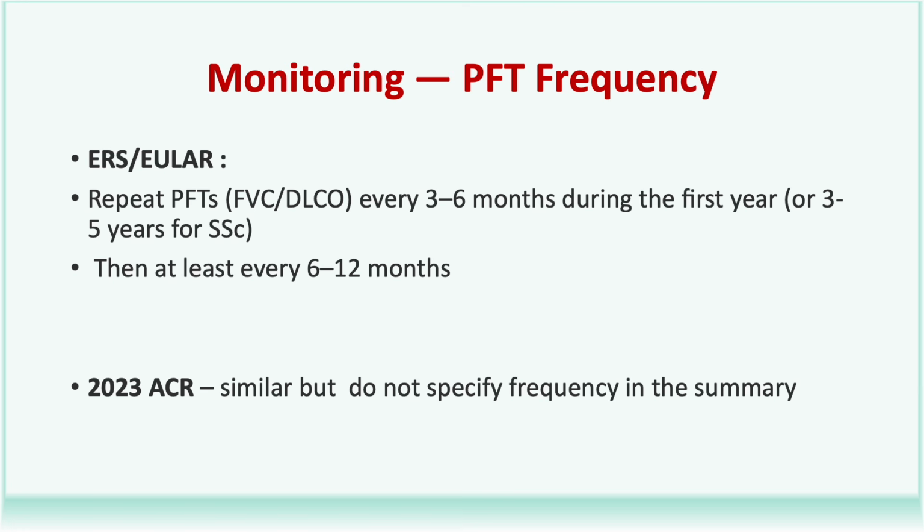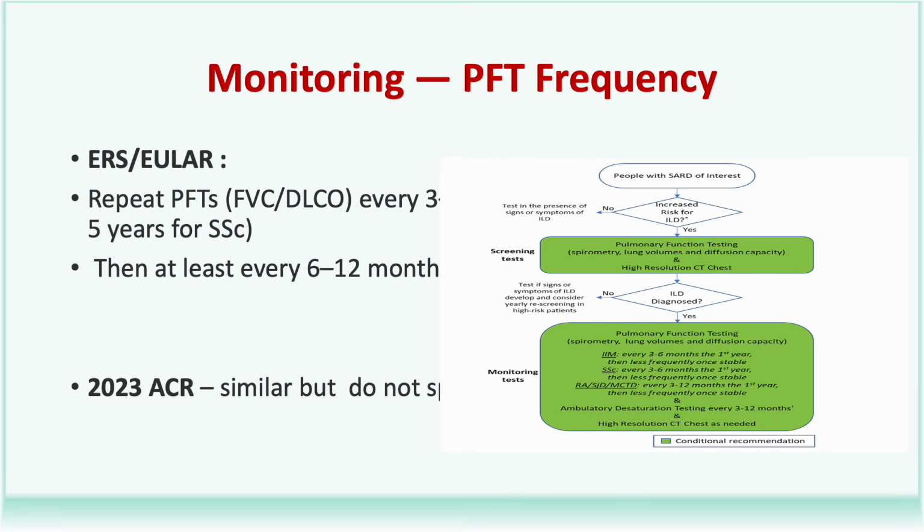So, although the 2023 guideline did give us a clue on how we must monitor, it did not specify frequency, and the ERS is doing that. This, which was a part of the 2023 algorithm, did mention that for IAMs, you would want to monitor the patient every 3 to 6 months in the first year.